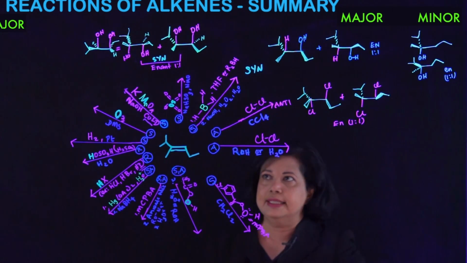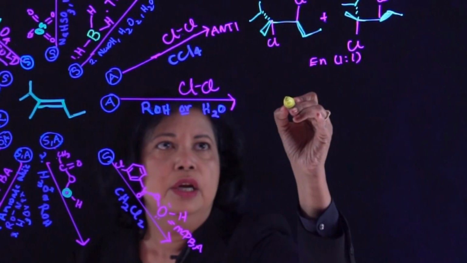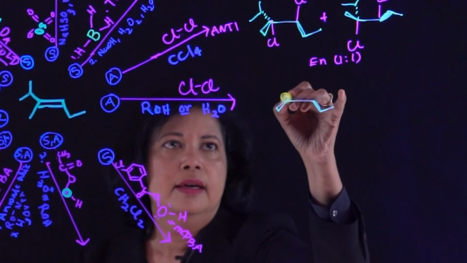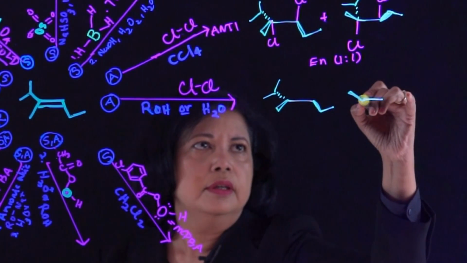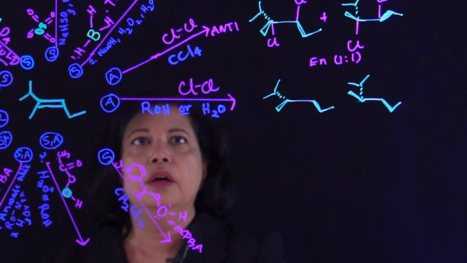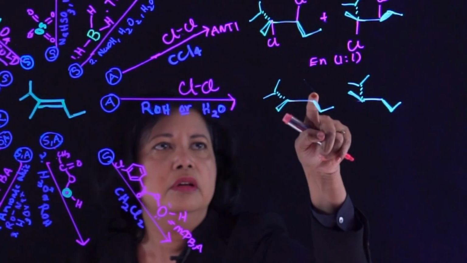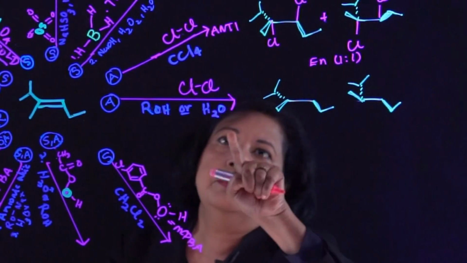Let's look at this. So here again, we do the same thing. What's on the same side, draw it on the same side. And what's on the opposite side, let's draw it out like this. And chlorine is going to go and make a triangle here, chloronium, and your water is going to do a Markovnikov.